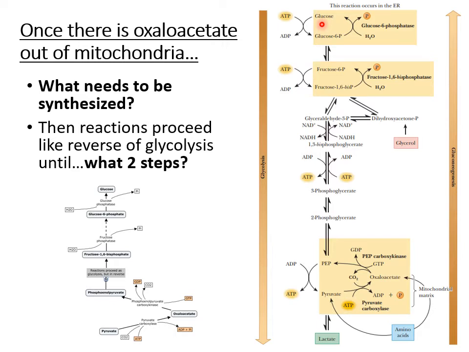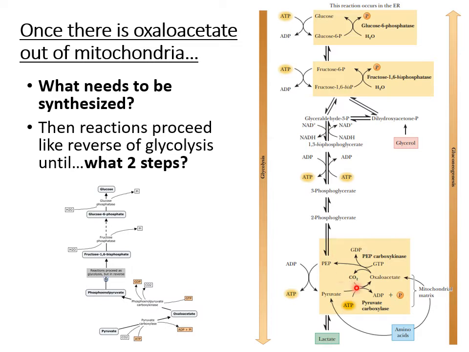We're starting over here where we just had our oxaloacetate created. The next step is that you need PEP created. That's phosphoenolpyruvate. You don't have to memorize the full name, just know PEP. That is accomplished by PEP carboxykinase, which you see over here.